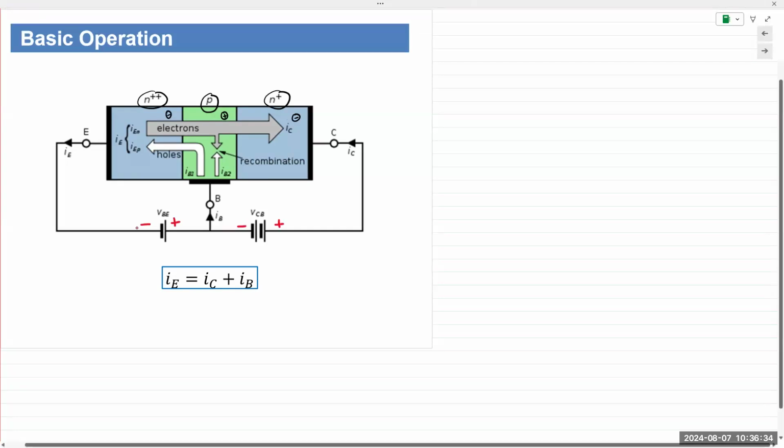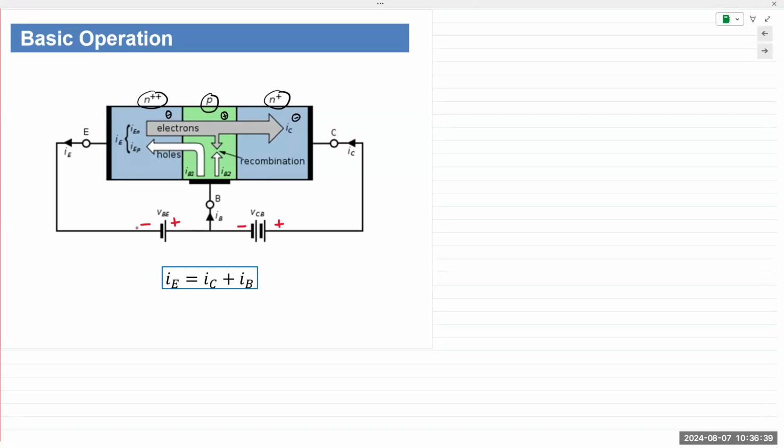What do you notice? Let's take the emitter base PN junction. What mode of operation is the emitter base PN junction? Anyone?